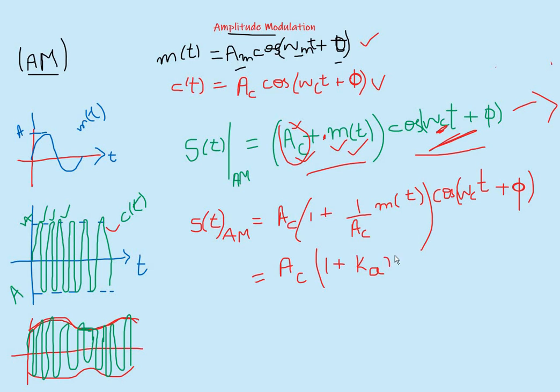I'll tell you what Ka is. First let me write the equation like this. So 1 by AC is nothing but Ka. Now this Ka is called the amplitude sensitivity of the modulator.